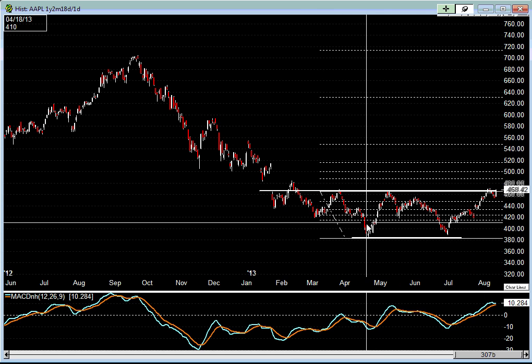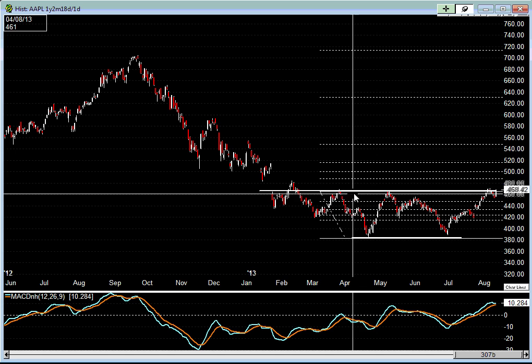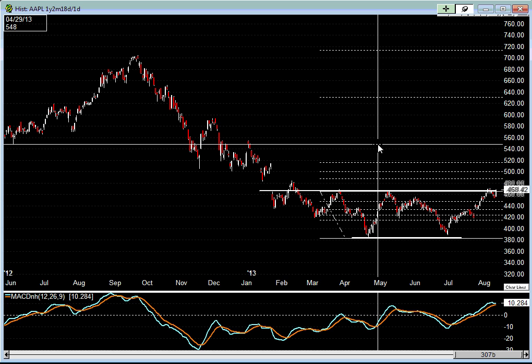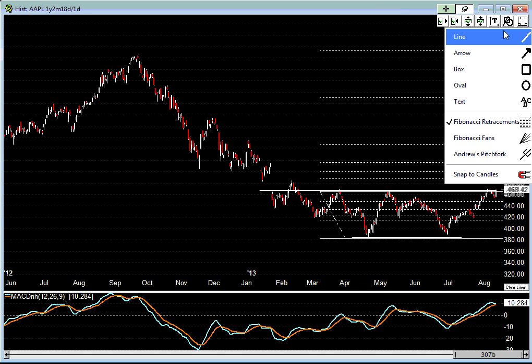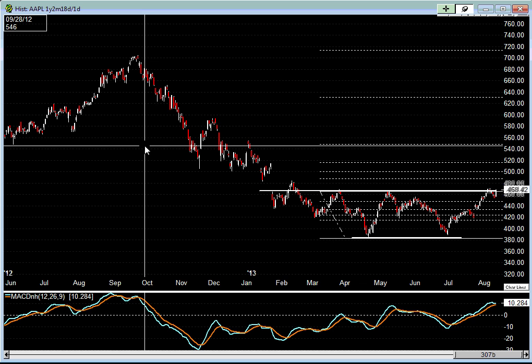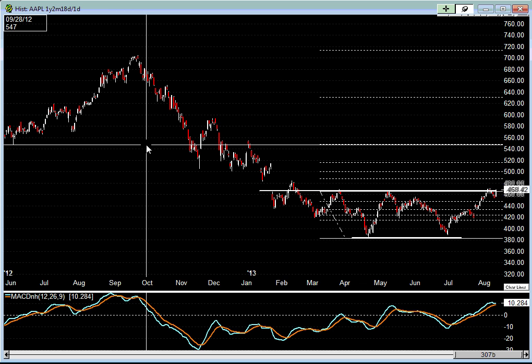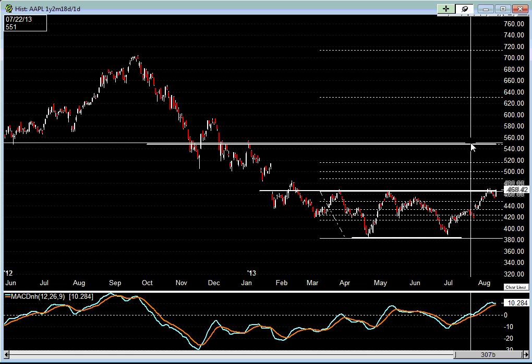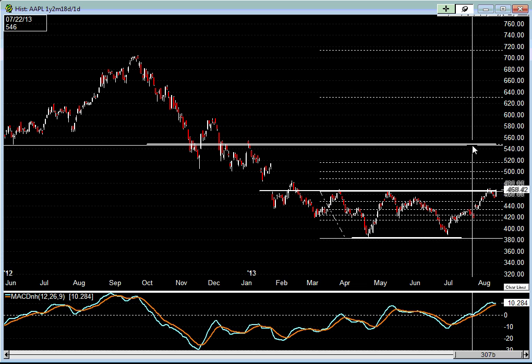If we're looking at the 100% extension, so we're basically looking at the Fibonacci 200% extension here, let me mark that level there. Okay, let's get close enough. So this is somewhere around 548, or somewhere in that level.